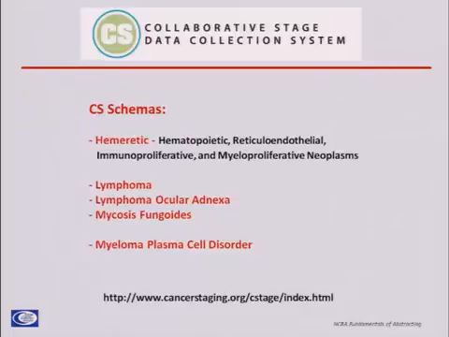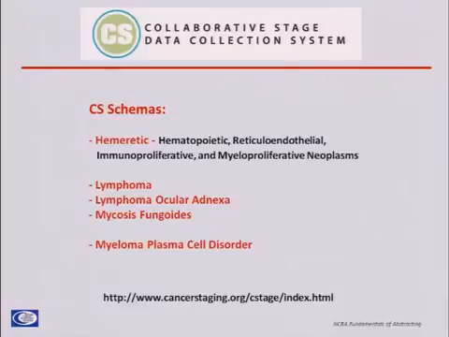So there's a schema for Hematopoietic. Why do we call it Hematopoietic? Because these used to all be called reticuloendothelial neoplasms. And you think hematopoietic is hard to say. There are 3 direct lymphoma schema. 1 for very rare ocular adnexal lymphomas, which I've seen 2 in my career.